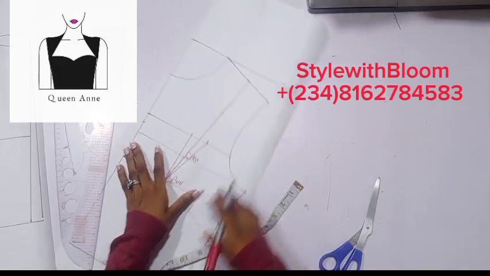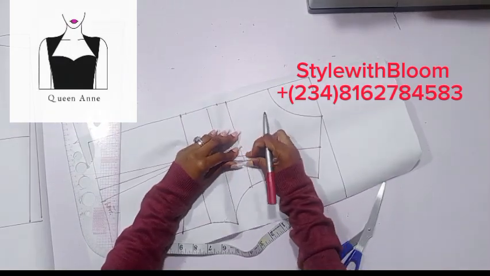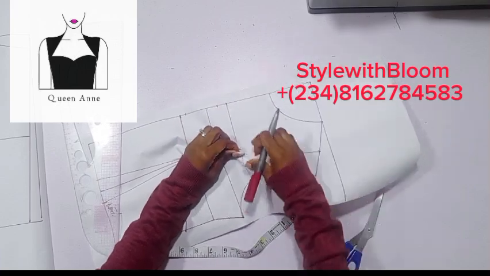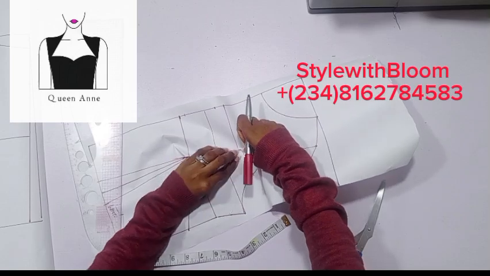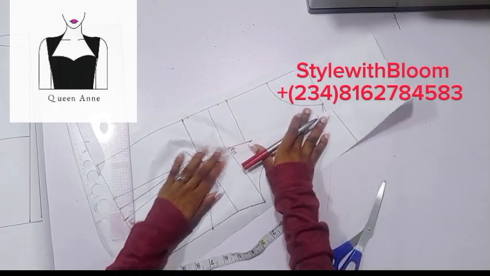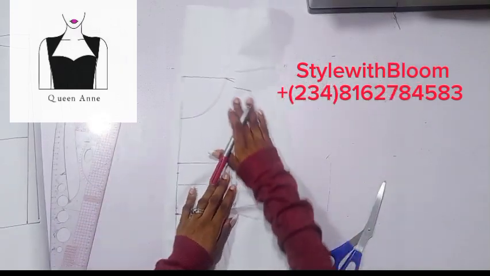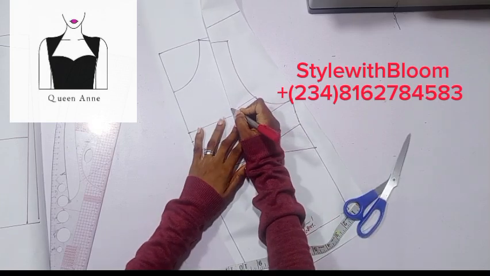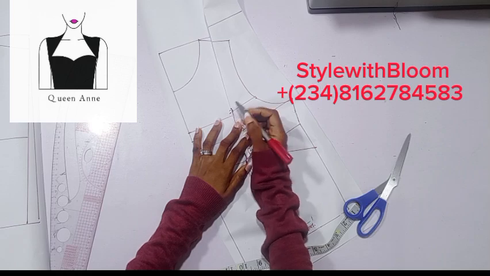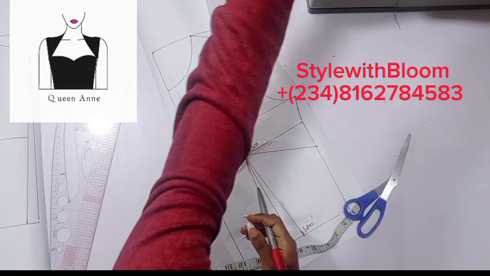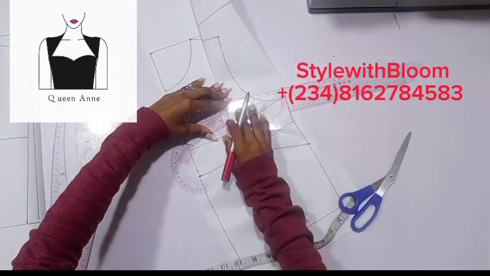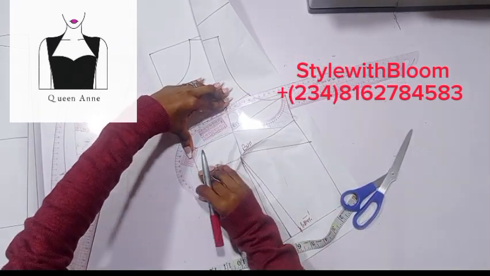Now the next thing you want to do is close up this dart, and when you close it up, you can go ahead and blend in this line. You can see where the line literally got to, so you can blend it in and then connect your sweetheart curve.